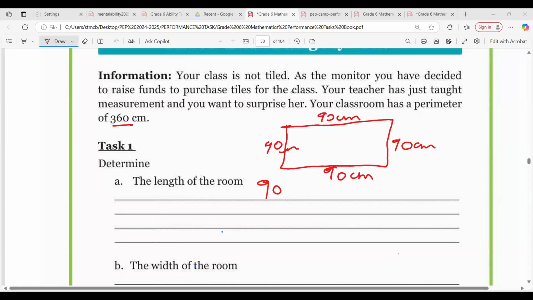What was your measurement? My measurement, I used a rectangular shape, so my measurement was 150 centimeters. What was that, the length? What was the width? The width was 30 centimeters. All right.